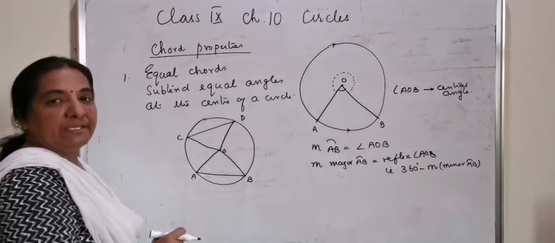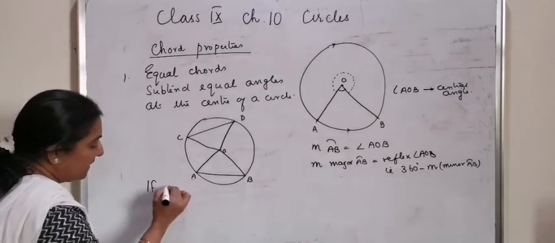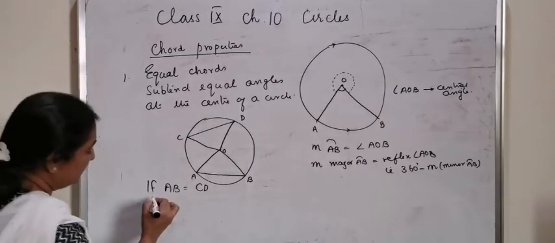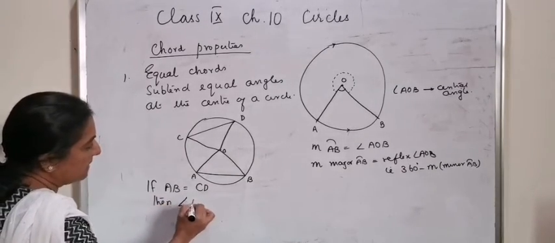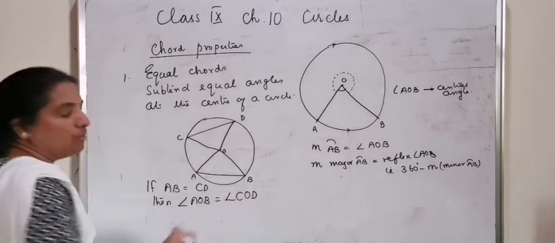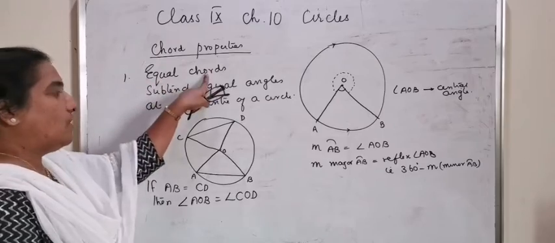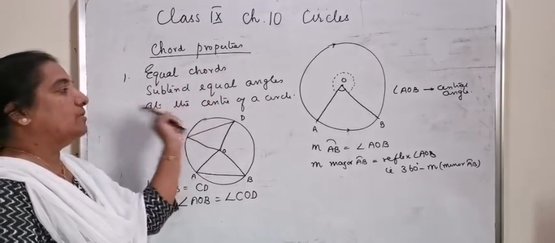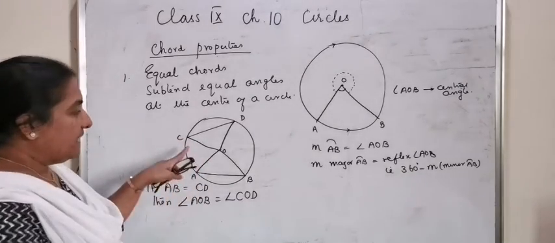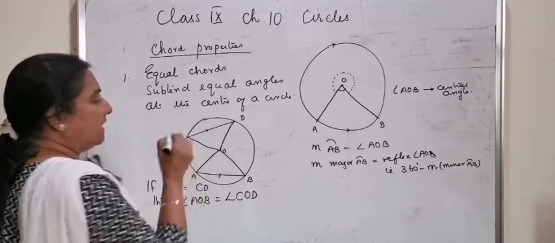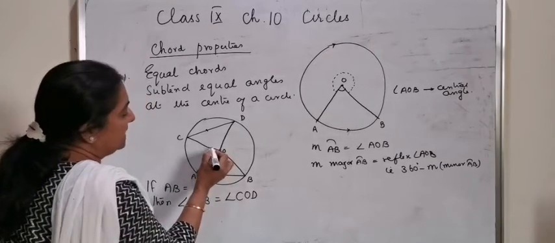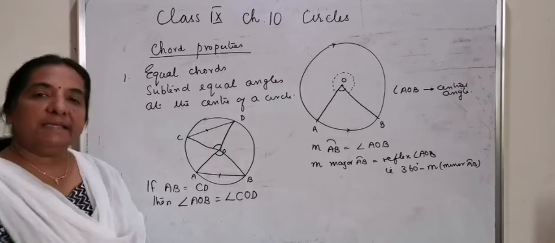As per the property, if AB and CD are equal, then angle AOB is equal to angle COD.